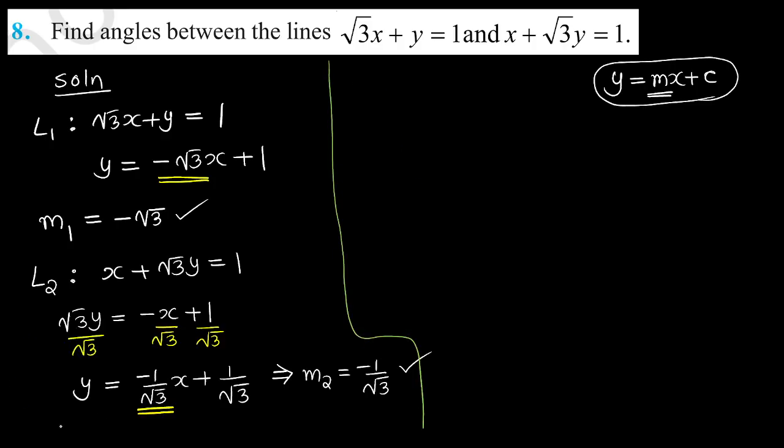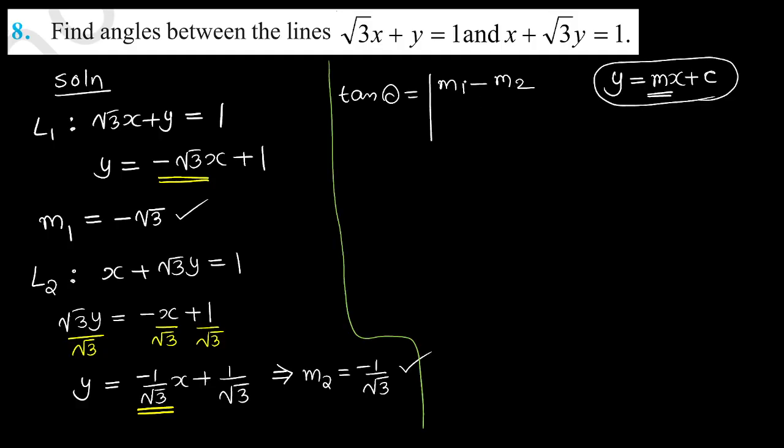What is the formula, and how will you find the angle between two lines? The formula will be tan theta equal to modulus of m1 minus m2 divided by 1 plus m1 m2. Either you may write m1 minus m2 or m2 minus m1, because in some books I have seen m2 minus m1.